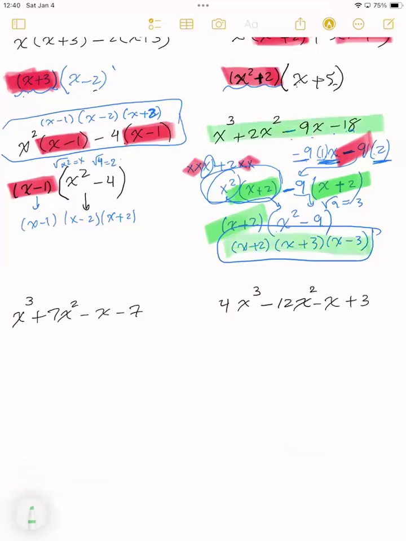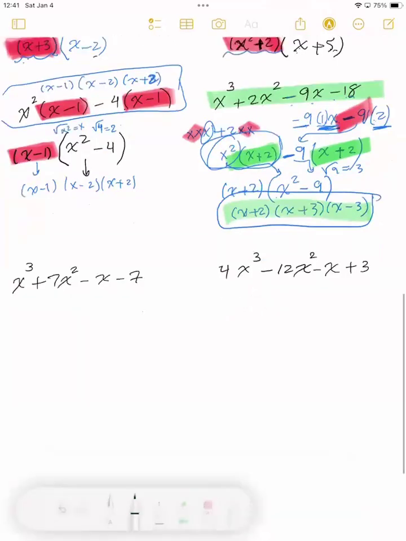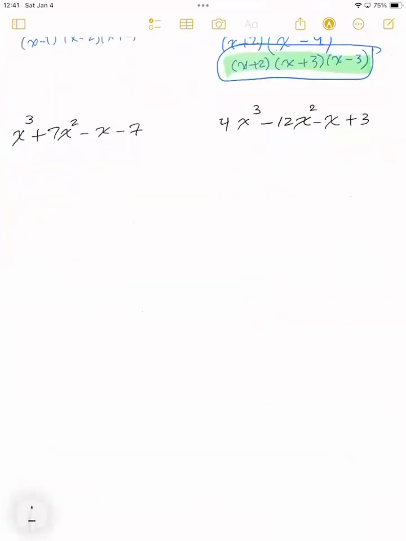This problem has the following factors. Now that I have factored, let's go over the next practice problem. I look for the greatest common factor from the first two, and then the greatest common factor from the second two. So the first two are x cubed plus 7x squared.